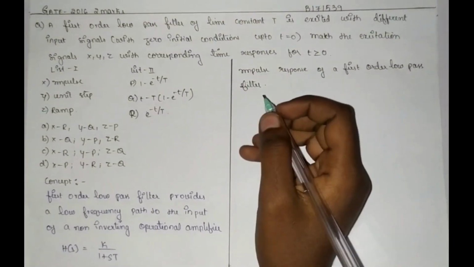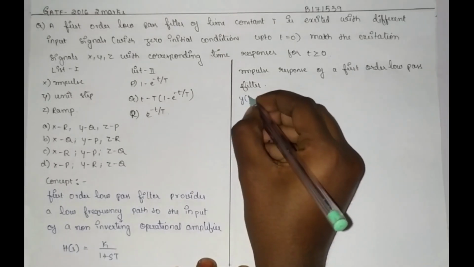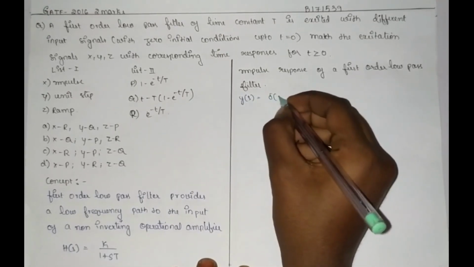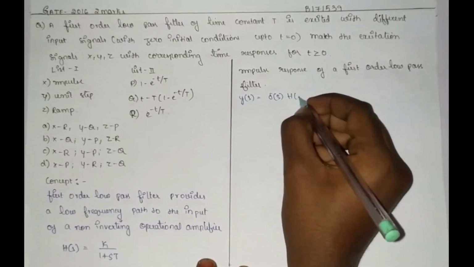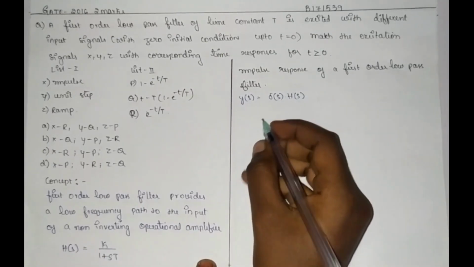We know that Y of s is equal to delta of s into H of s. We know that delta of s is equal to 1.